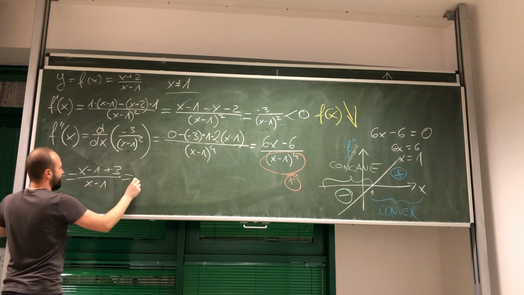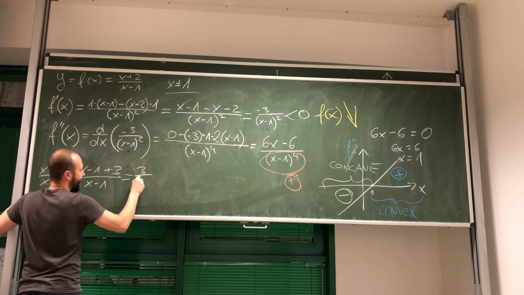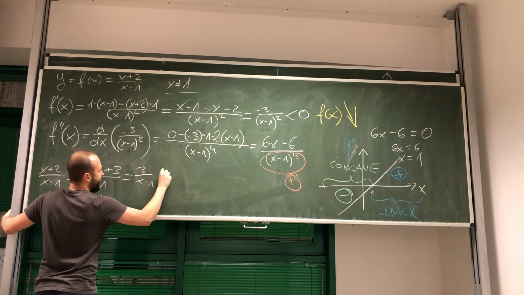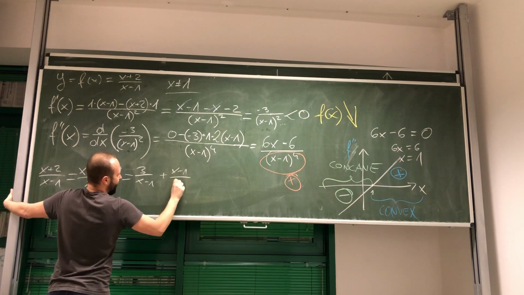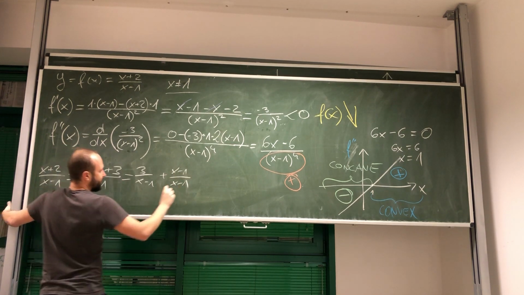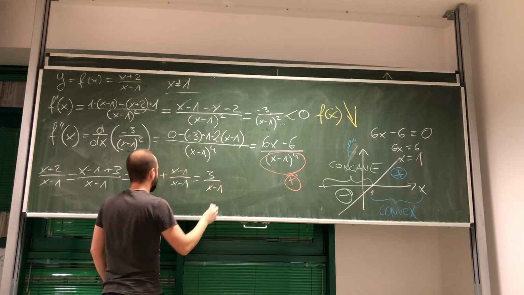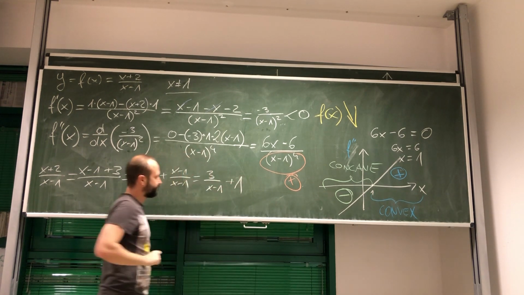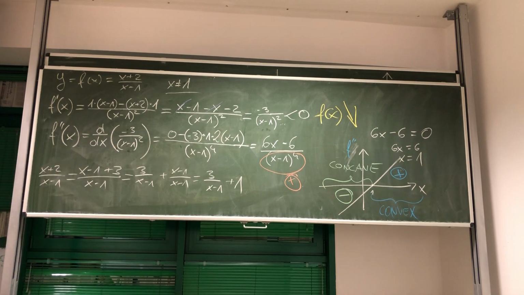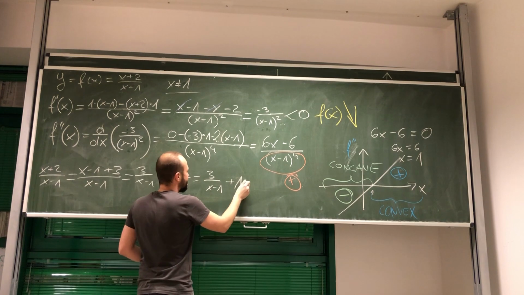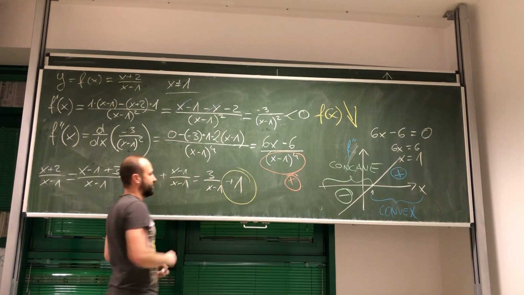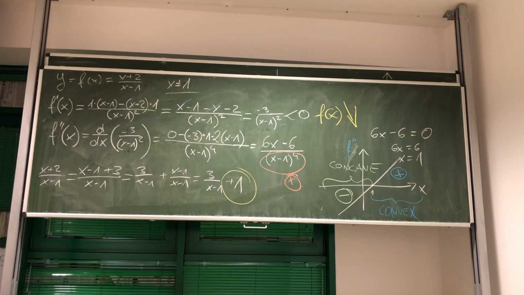But this is the same as 3 over x minus 1 plus x minus 1 over x minus 1, which is equal to 3 over x minus 1 plus 1. Look, remember we were dealing with this. This is showing us that this function is going to have an asymptote at 1.